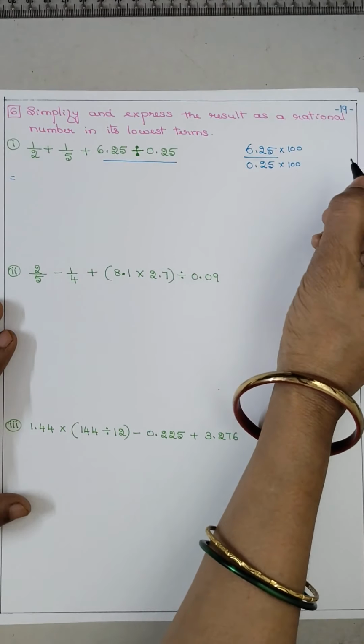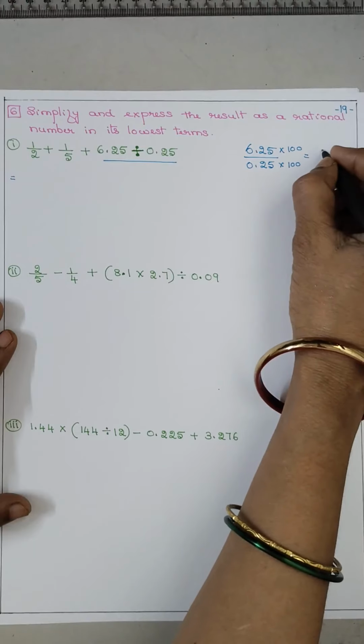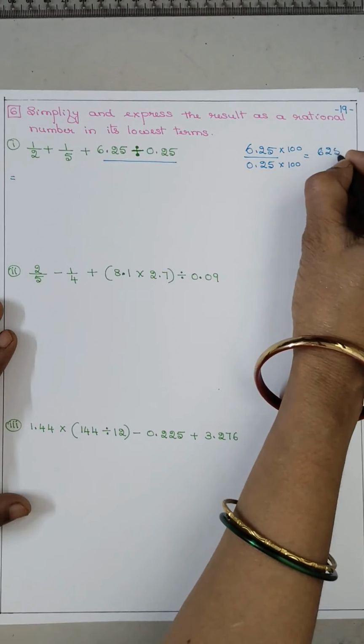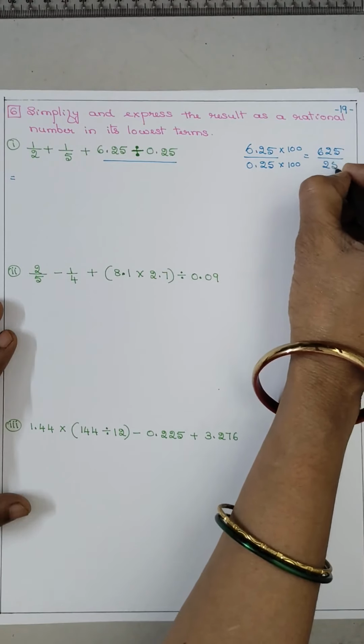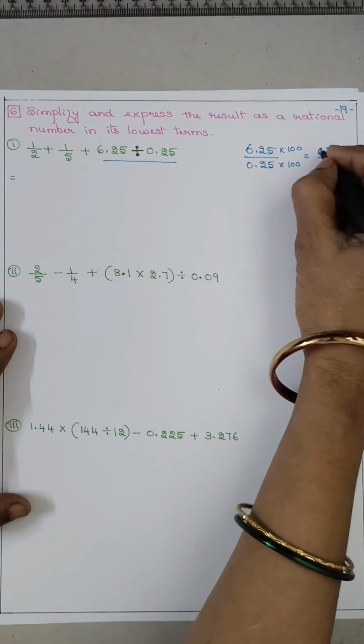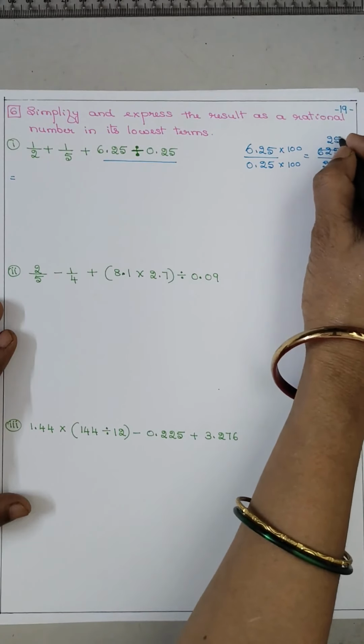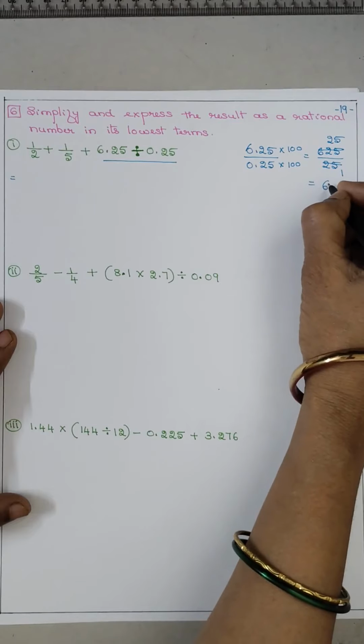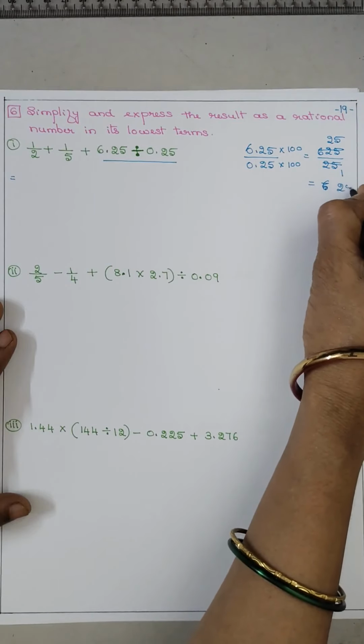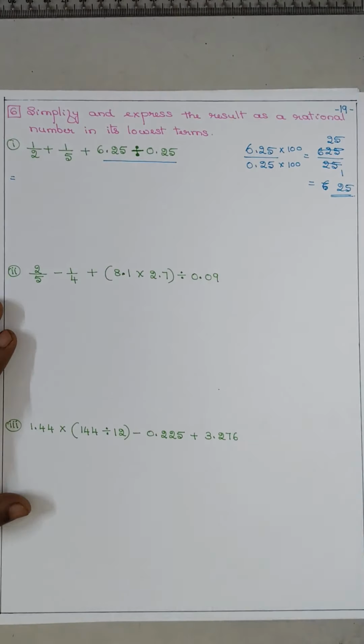Already we have done in the earlier sums how it has to be done. 625 upon 25. Remember 25 ones are 25, 25 sixes are 625. So the answer is 25.